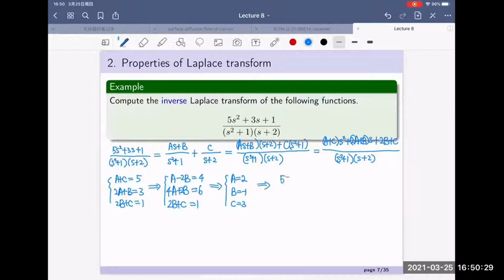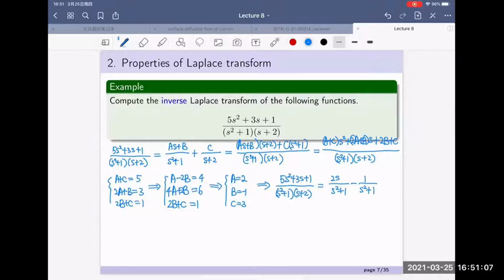When you get A, B, C, it tells you that the original very complicated expression can be decomposed into these parts, where the first part is As plus B, so it's 2s minus 1. Let's split it into two parts. We write this minus 1 in the second term.